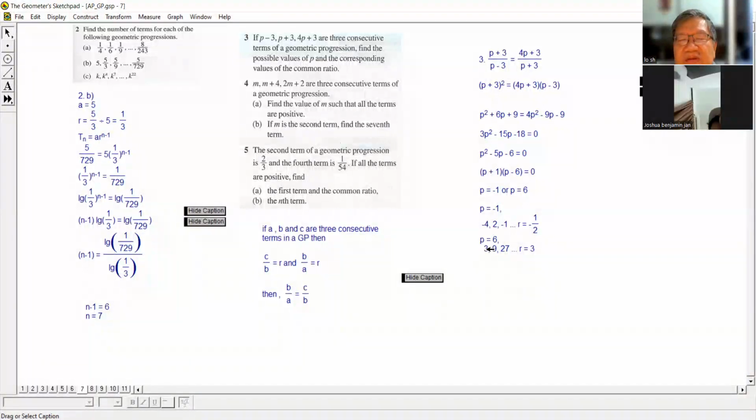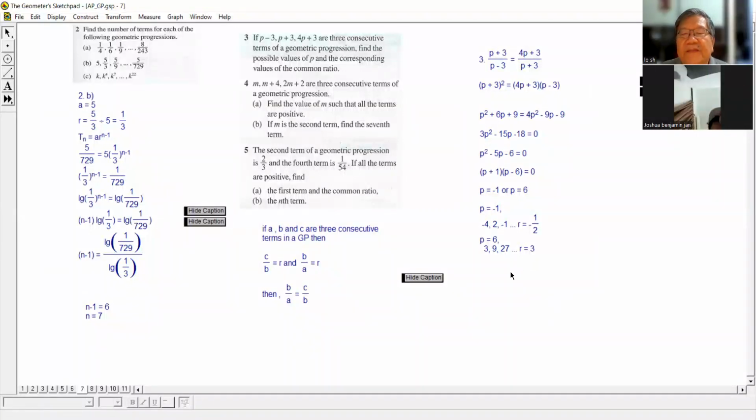The first term is 3. Then I put 6 here, P plus 3 is 6 plus 3, which is 9. So I put down 9 there. Then 4 times 6 is 24, 24 plus 3 is 27. So if you look at the geometric sequence, you divide the term behind by the term in front, you get the value of R equals 3.